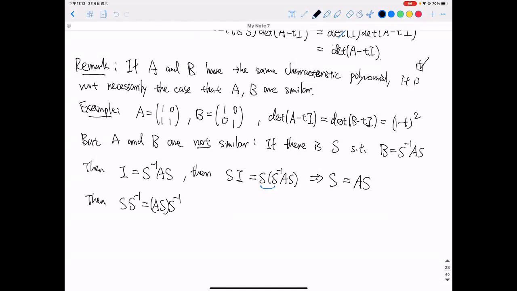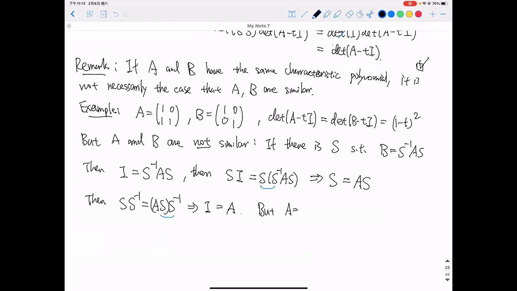You get SS inverse equal to ASS inverse. Now SS inverse is again identity, and on the right-hand side, you also have SS inverse, which is the identity. So you get I equals A.